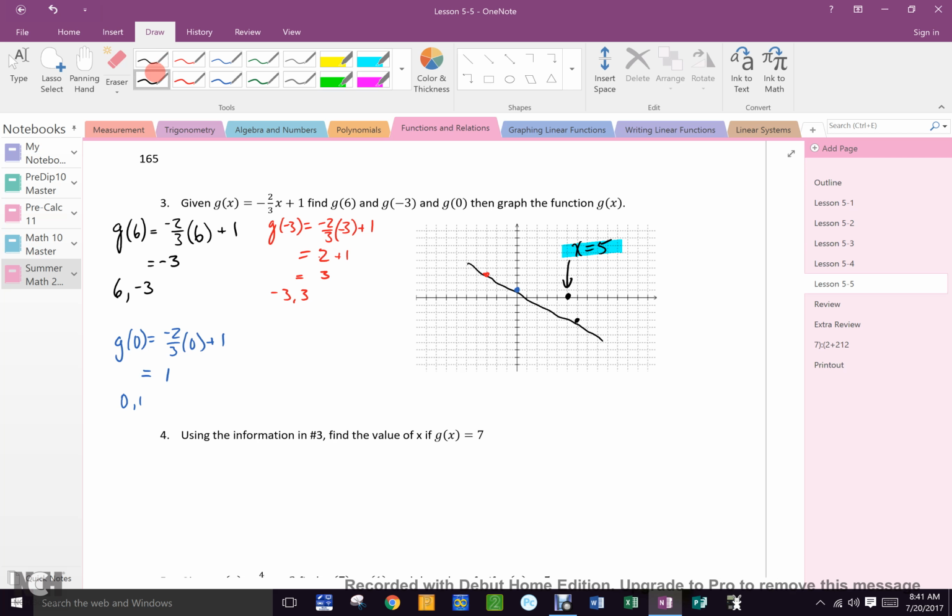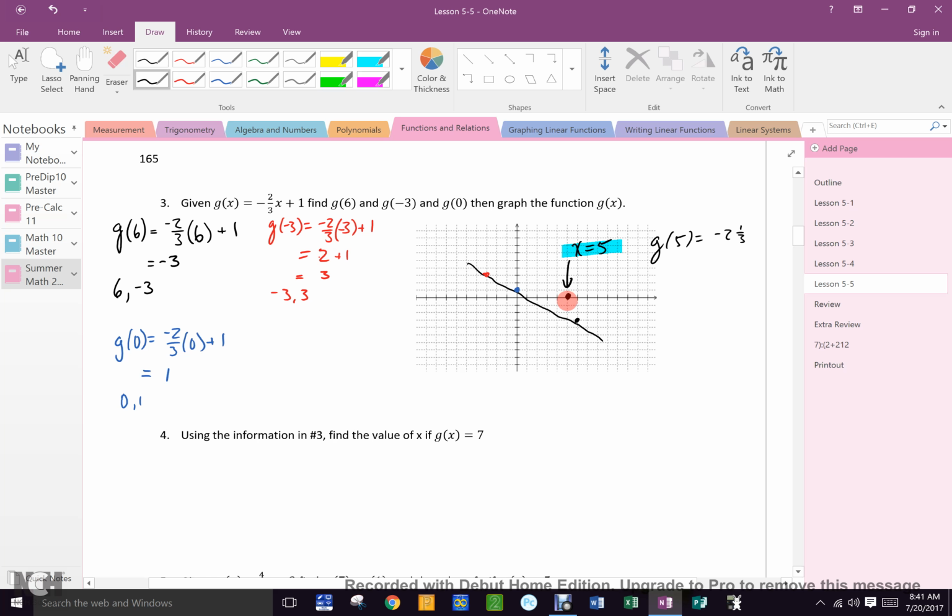Into the g. So I would get g of 5 would equal something, yes? Which would be negative 10/3 plus 1, right? 10/3 is 3 1/3. Negative 3 1/3 plus 1 is negative 2 1/3, right? So my g of 5 is negative 2 1/3.